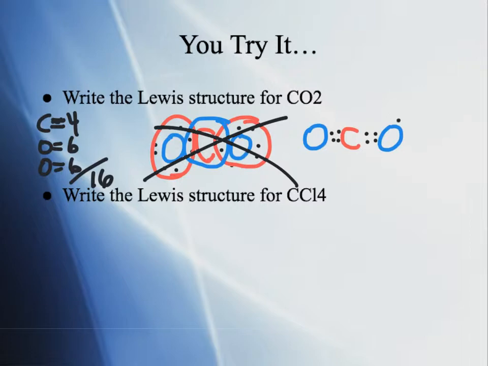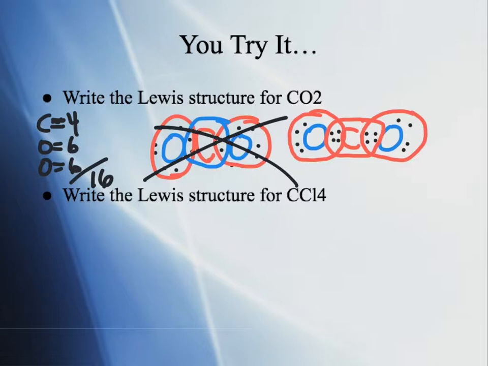And then if we do 9, 10, 11, 12, 13, 14, 15, 16. If we take a look, oxygen has 2, 4, 6, 8. Carbon has 2, 4, 6, 8. And the other oxygen also has 2, 4, 6, 8. Okay, so this is the proper Lewis dot structure for CO2.